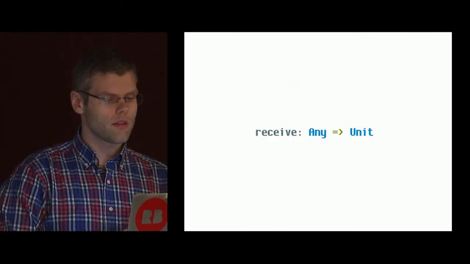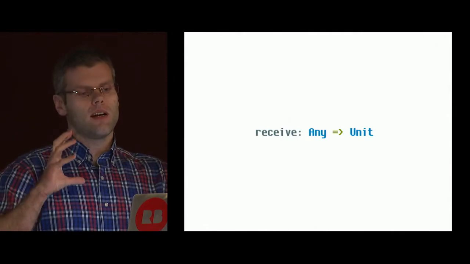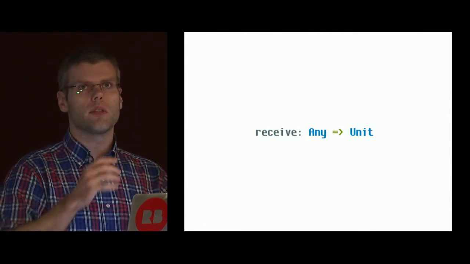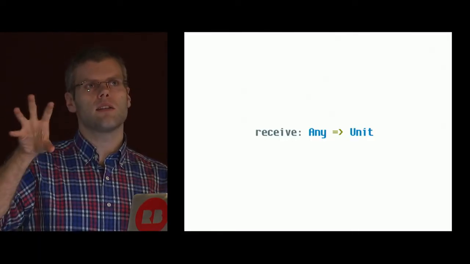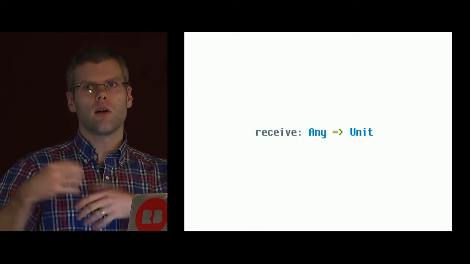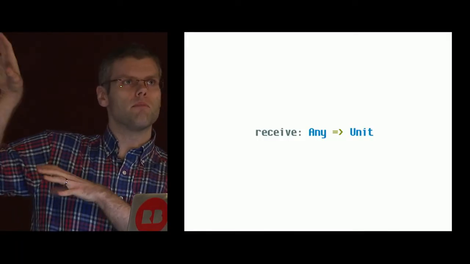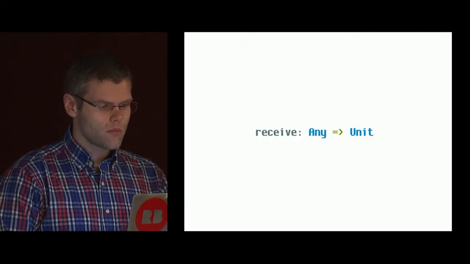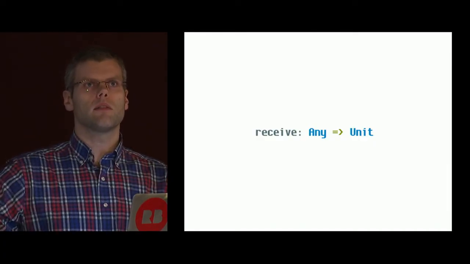So you start with anything. Right? You could receive a value of any type whatsoever. You don't know upfront what this could be, and then it just returns a unit. And even that is not really true. What it does is not return a unit. It actually goes and has a side effect, right? So the type of this is even bigger than this, right? So there's no algebraic theory about this type, right?